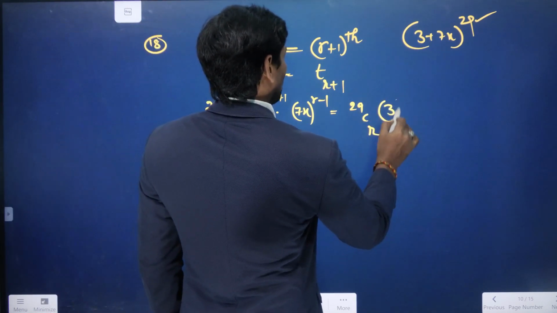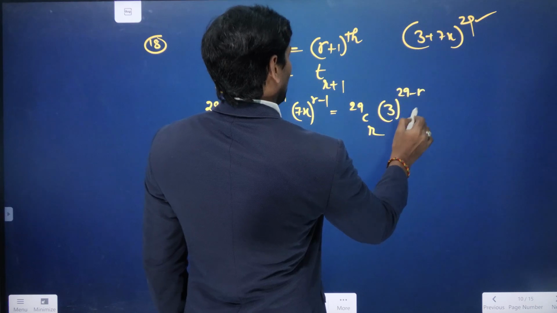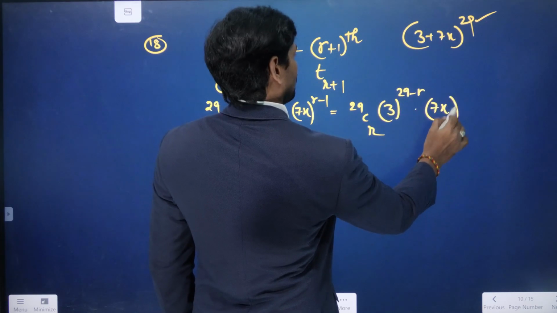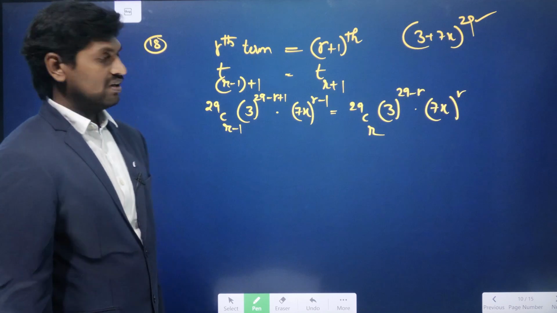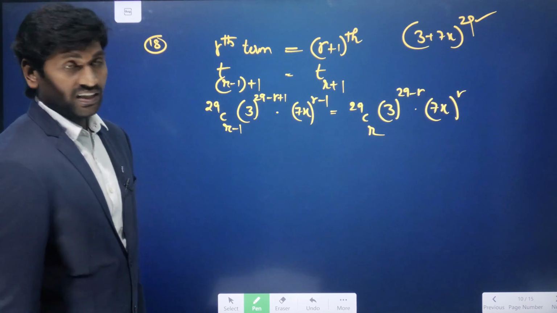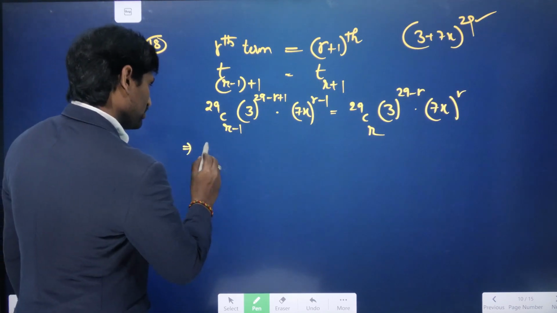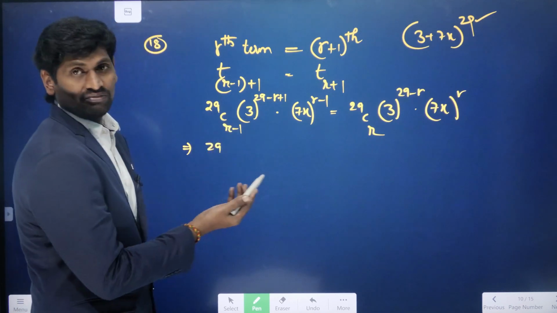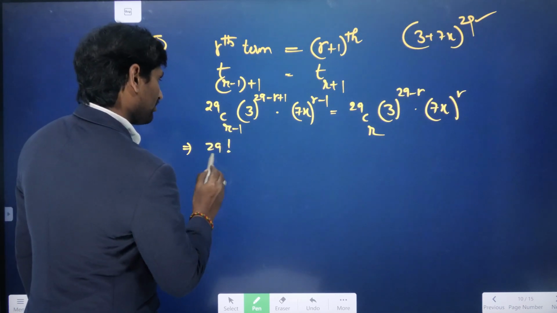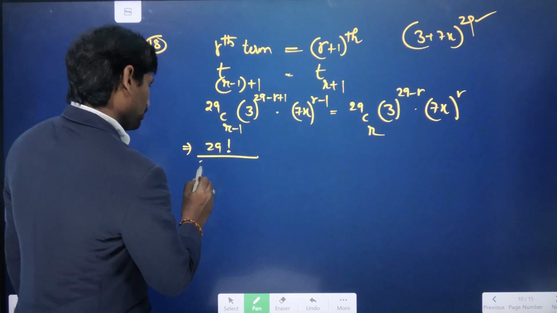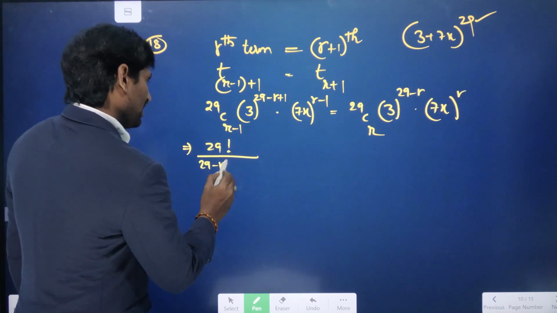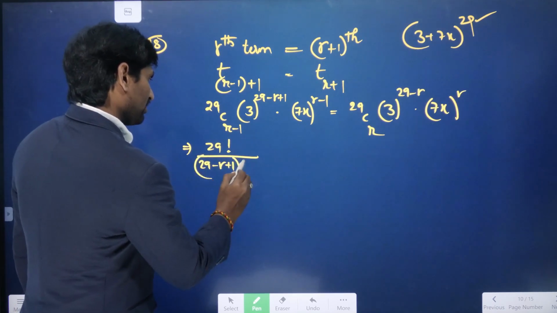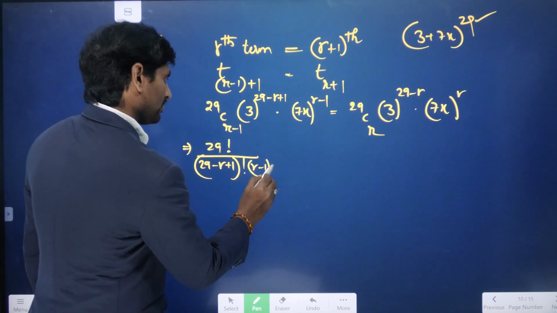Now 3 power 29 minus r, okay, clear? Now I am going to write this 29 C r as n factorial by (n minus r) factorial into r factorial. So 29 C (r minus 1) is nothing but 29 factorial by (r plus 1) factorial into (r minus 1) factorial.